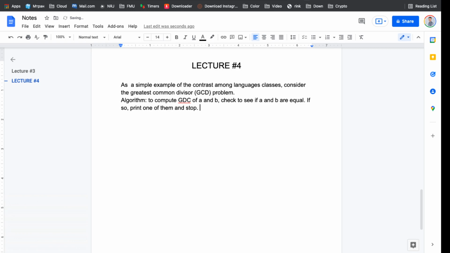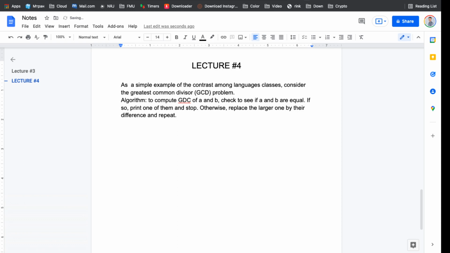That makes sense, right? If you have 5 and 5 or 10 and 10, of course the GCD will be 5 or 10. Otherwise, replace the larger one by their difference and repeat.